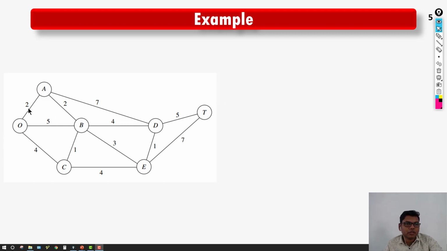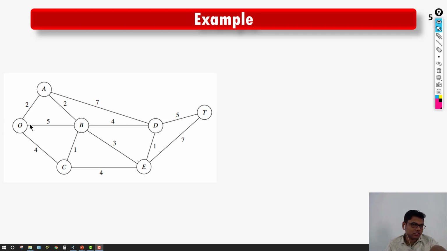You have to take any path like O, A, B, D, T. You can go from O, A, D, T directly, or you can go from O, C, B, A, D, T. This is also possible. So there are different paths available from O to T. You have to take different paths and find out how many trips are possible from O to T.